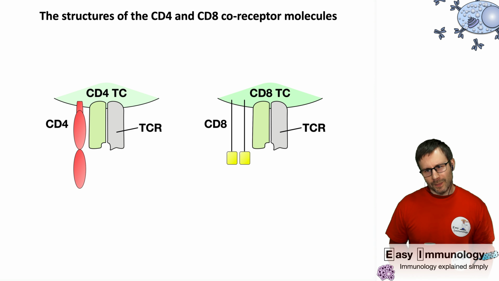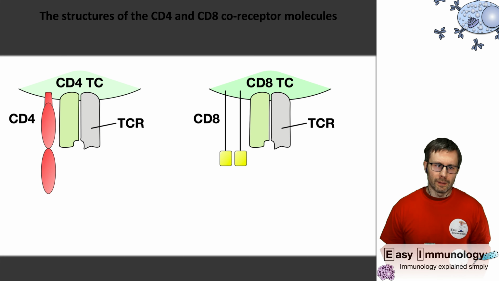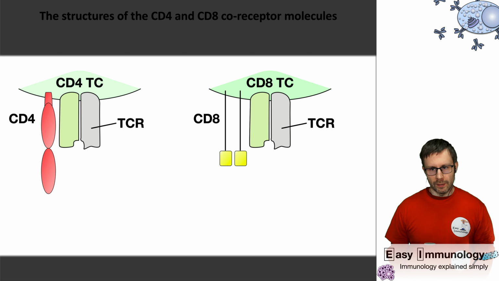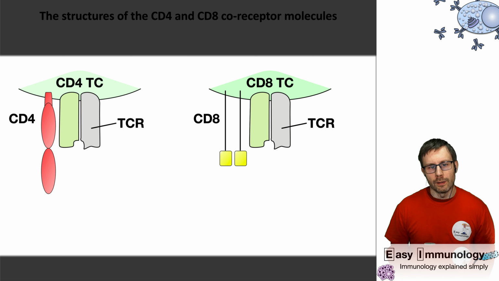CD4 and CD8 are co-receptors to the T cell receptor. Here you see them. CD4 is a longer molecule, whereas CD8 is more compact and globular, like my fist. They are co-expressed on either CD4 or CD8 T cells, and that's why they are named this way.